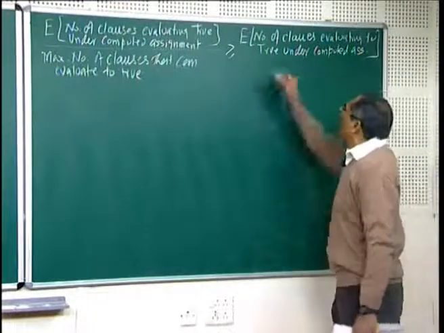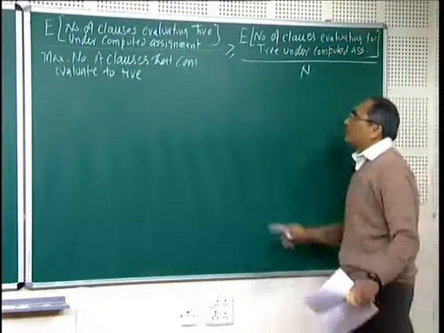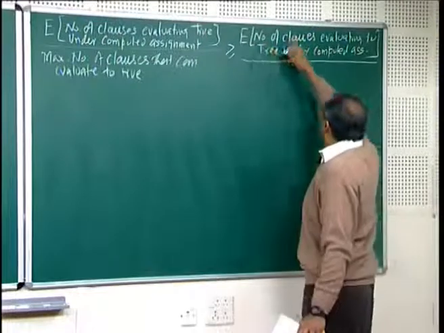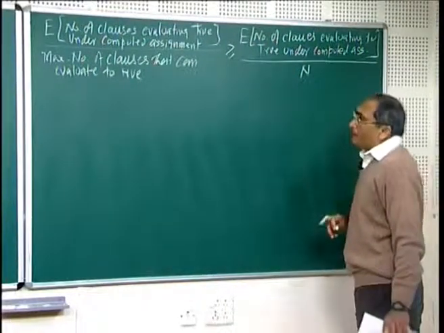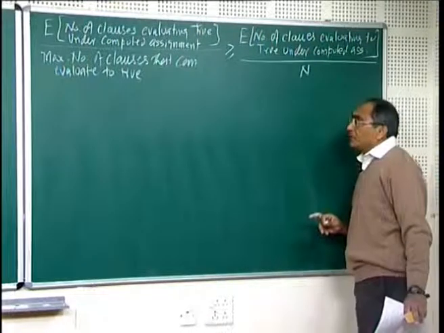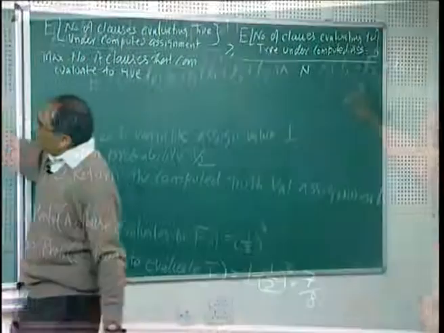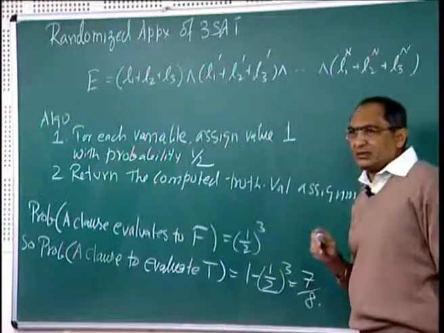Note that the total number of clauses is n, so that has to be an upper bound to this number, and the truth value can be computed because these are all separate clauses.